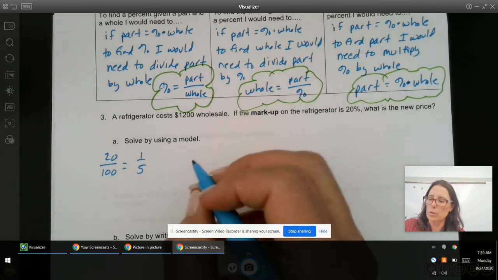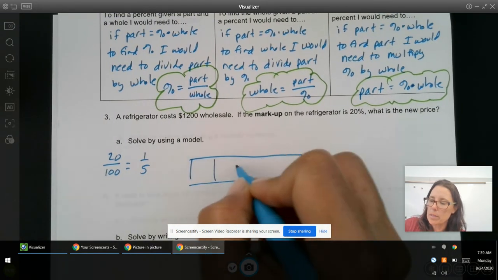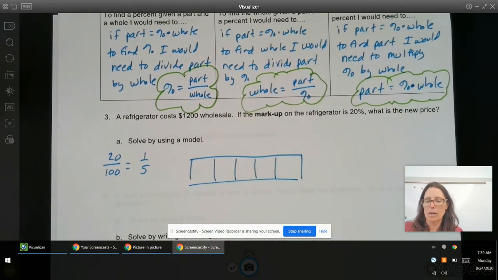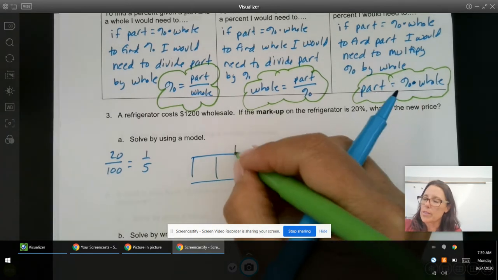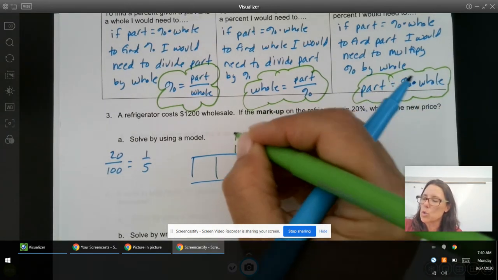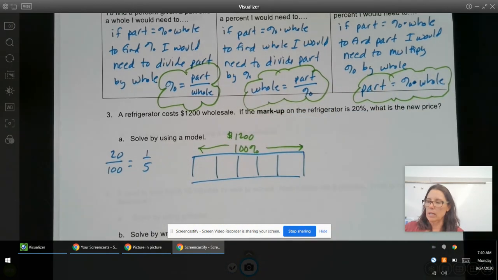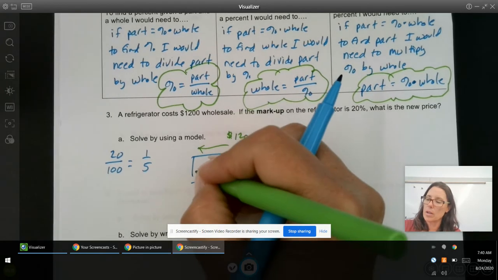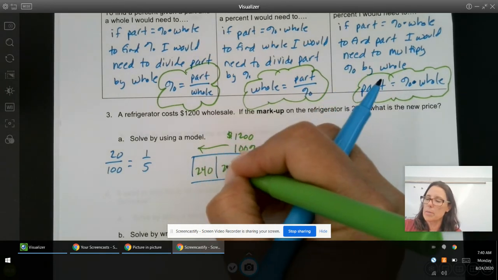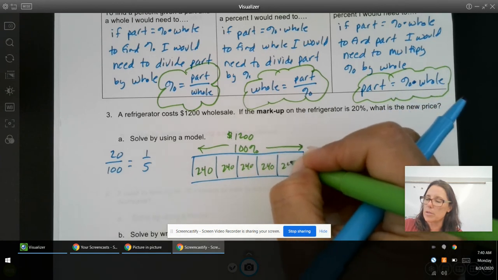So I have my bar model broken up into 5. The full refrigerator, 100%, is $1,200. 1,200 gets divided into 5 parts. The magic number is 240 in each of these parts.